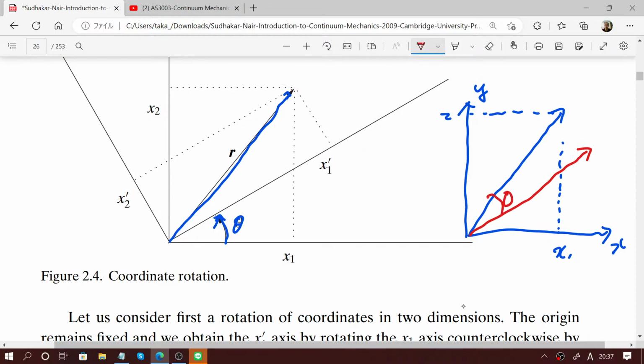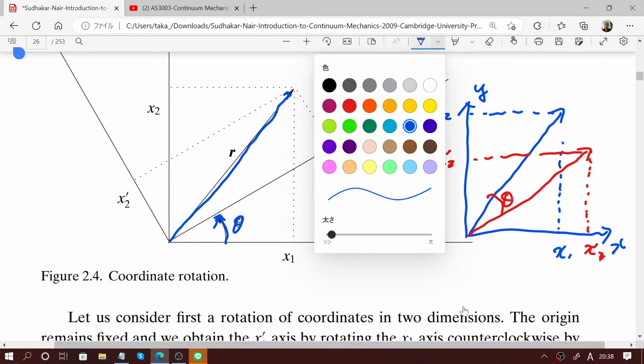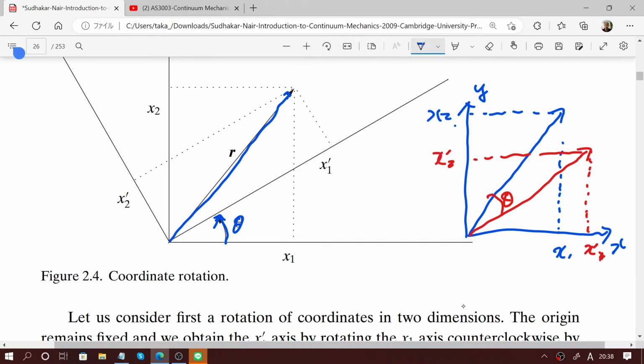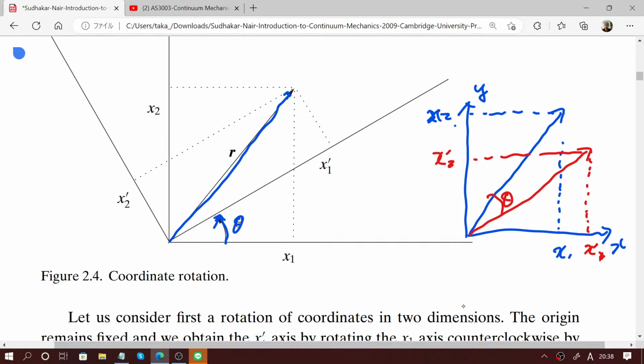Then you will have x1 prime and x2 prime. So I don't know, isn't this better?